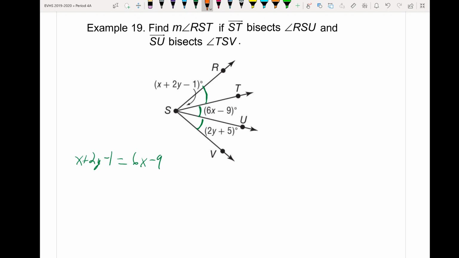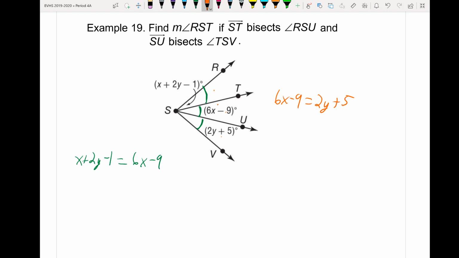I also know that 6x minus 9 equals 2y plus 5. Okay? That came from the top equals the middle, and the middle equals the bottom. I've got two variables in both those equations. Anybody remember from Algebra 1 how we solve an equation that has two variables in it? You've got to use a system.